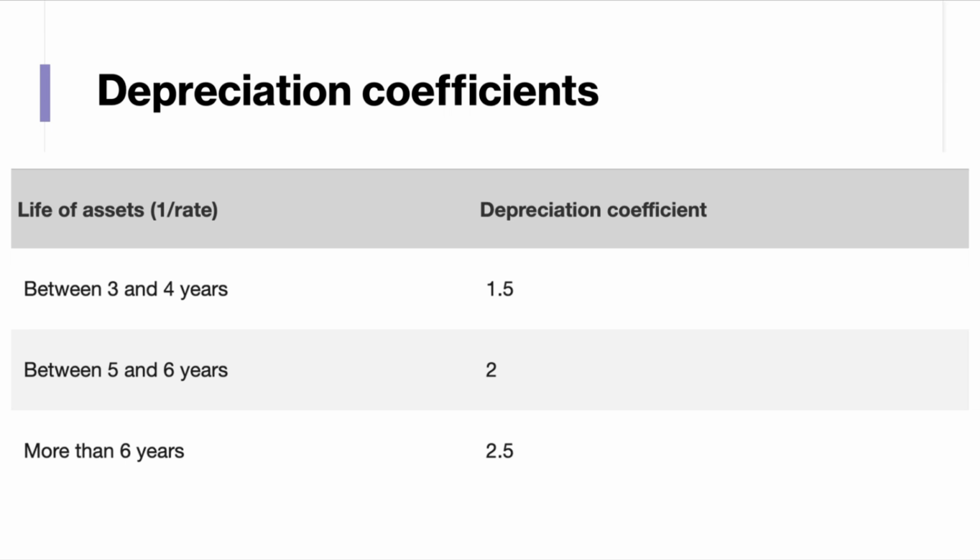When we calculate the depreciation value between 3 and 4 years, it takes the depreciation coefficient as 1.5. Between 5 and 6 years too, and for more than 6 years, it takes it as 2.5. But this depreciation coefficient is not at all considered in the second formula, AMORLINC.